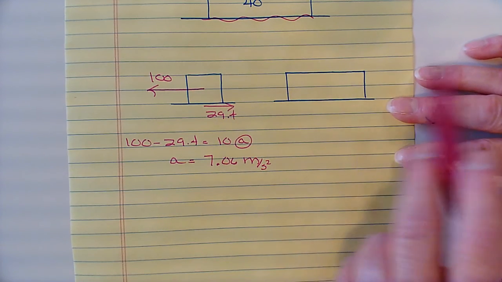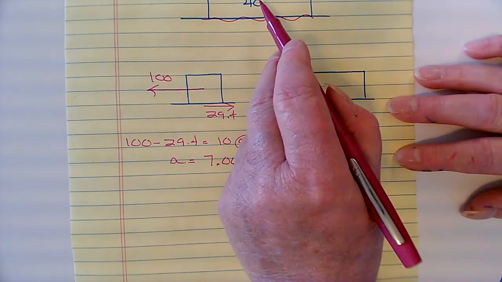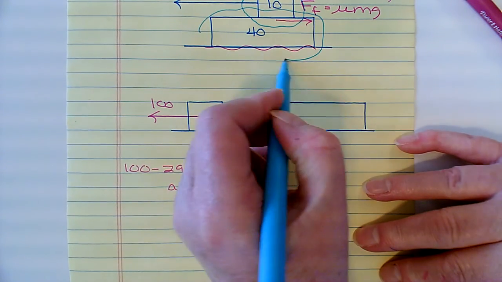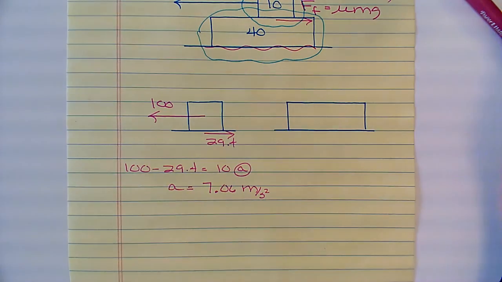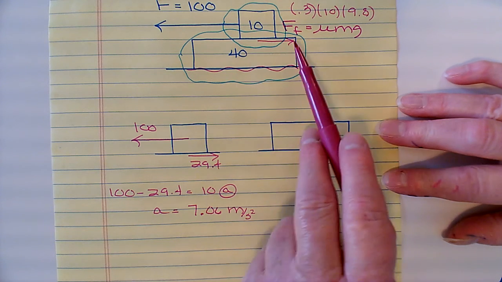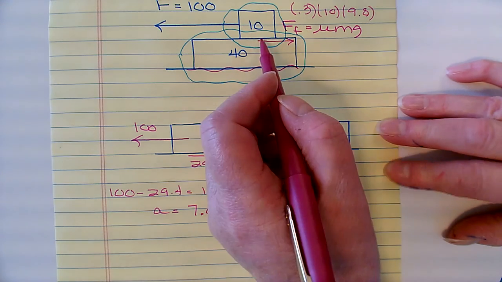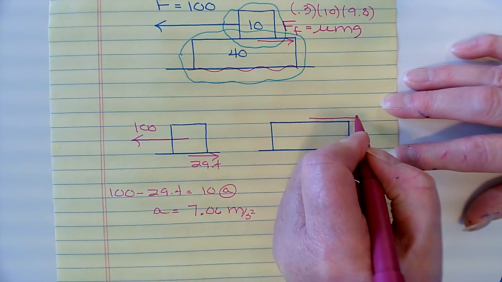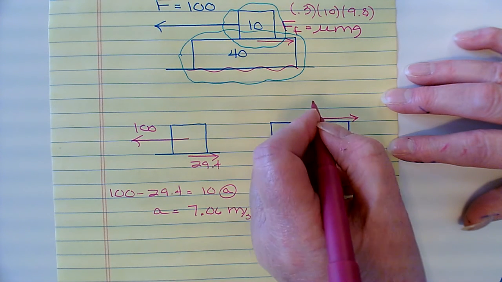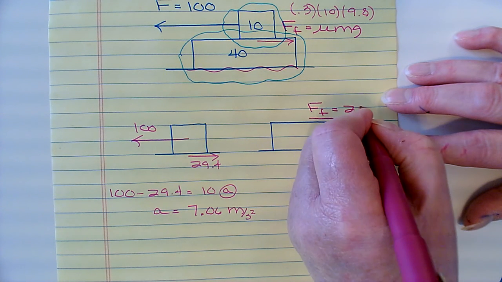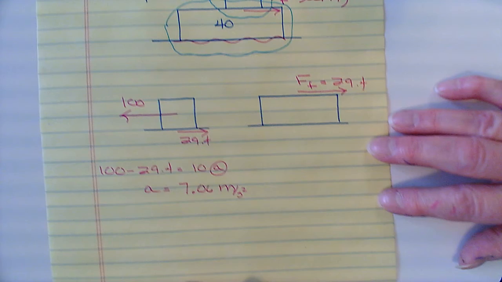All right, part B. What is the acceleration of the 40 kilogram slab? So we're going to draw a free body diagram of just him. When I draw the forces that are acting on the 40, the only force in my picture is that friction that's up here at the top. So I'm going to draw it up here at the top, and that frictional force is going to be 29.4.